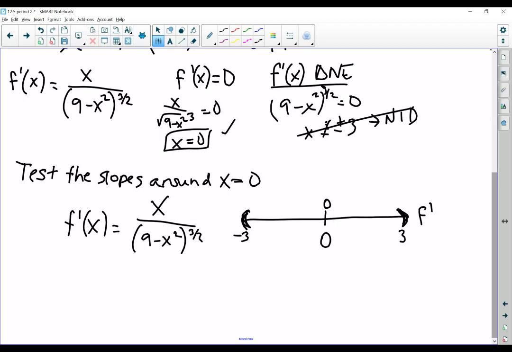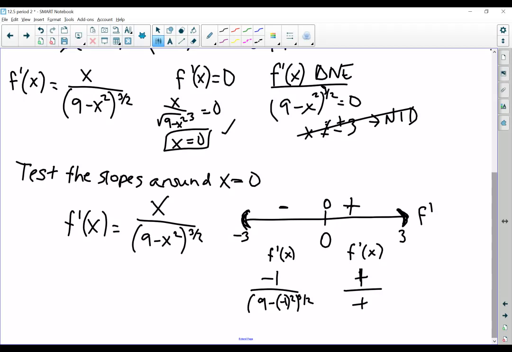All right, now I'm going to test what the f prime values are over here and what the f prime values are over here. So if I plug in something like -1 into this derivative, I'm going to end up with a positive and negative, which gives me a negative. If I test derivative values like 1, since that's over here, I end up with positive over a positive, which gives me a positive.